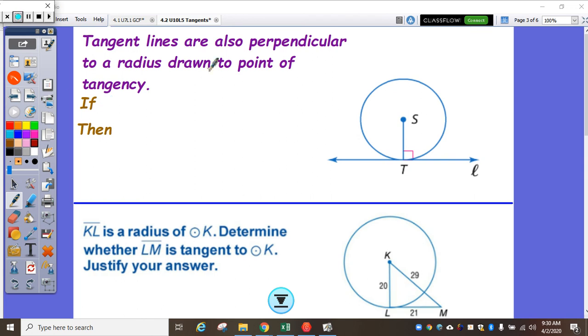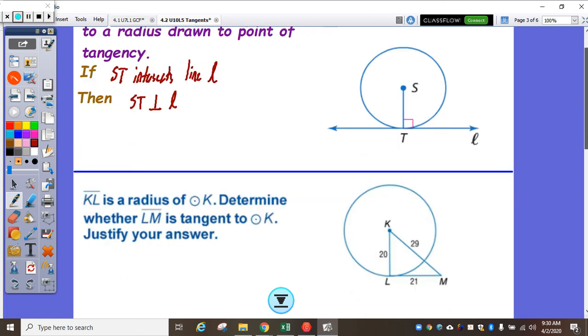So if ST intersects line L, then ST is going to be perpendicular to line L if and only if L is a tangent line, of course.